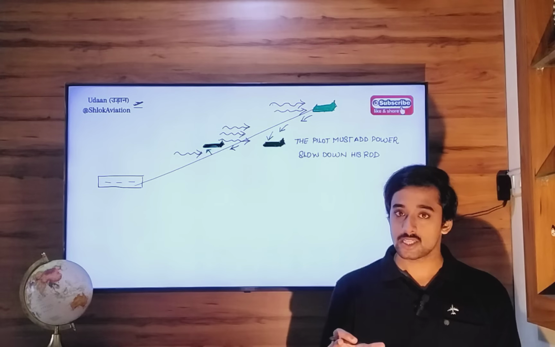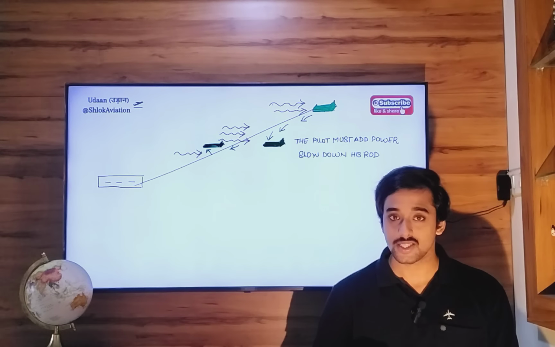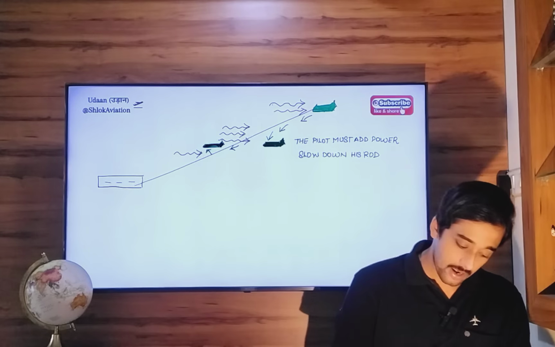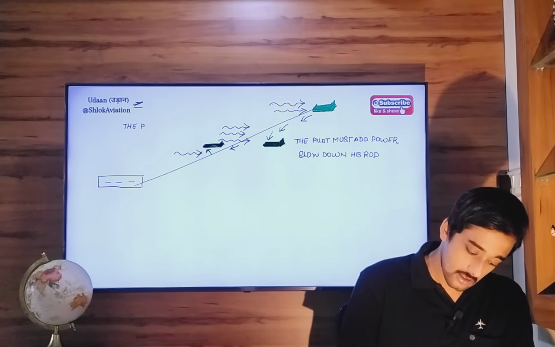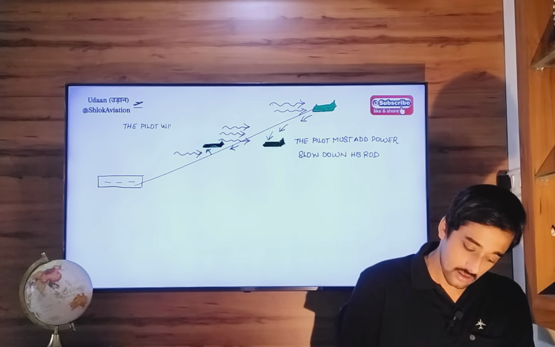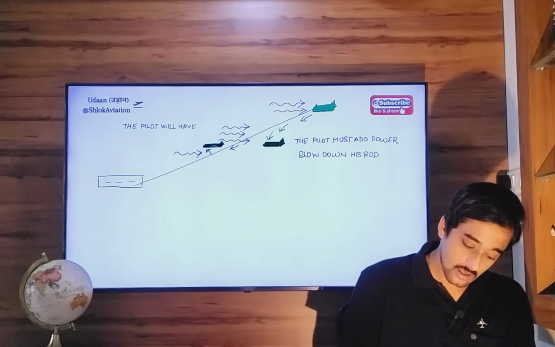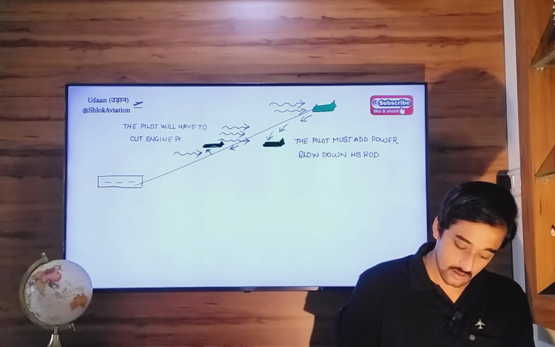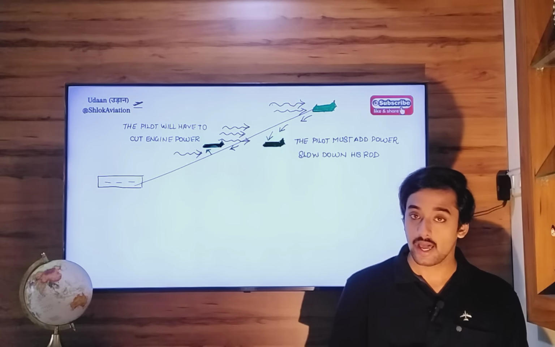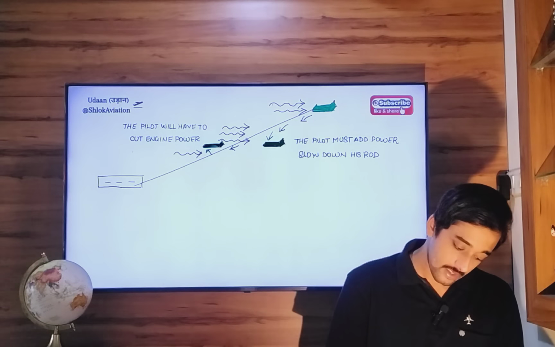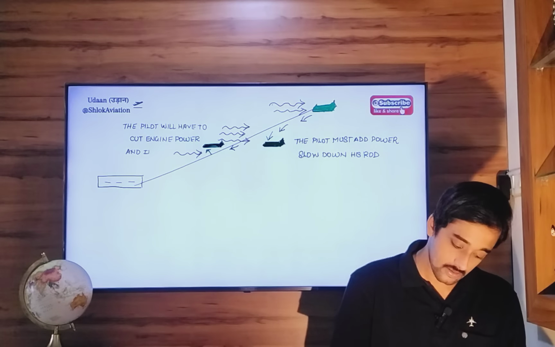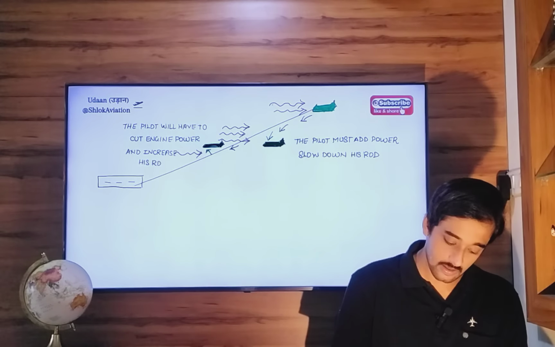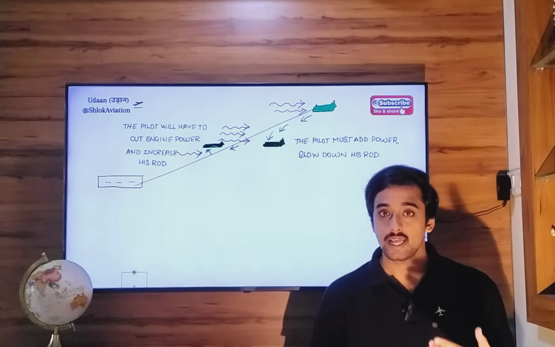In tailwind conditions or reduction in headwind conditions, when the rate of descent decreases, the pilot will have to cut his engine power and deliberately increase his rate of descent. Now in this condition we are experiencing a tailwind condition.